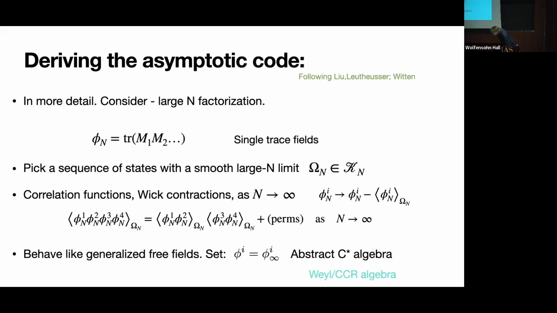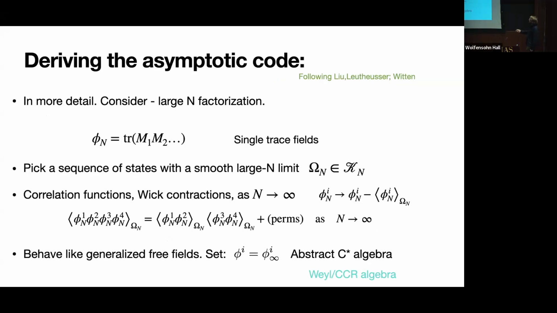All right, so I can give a little bit more details about this derivation. Essentially, it's following these recent papers discussing the emergence of non-trivial von Neumann algebras from large n limits. And the idea is to think about single trace fields. As I said, you have some large n, and use the fact that you have large n factorization.